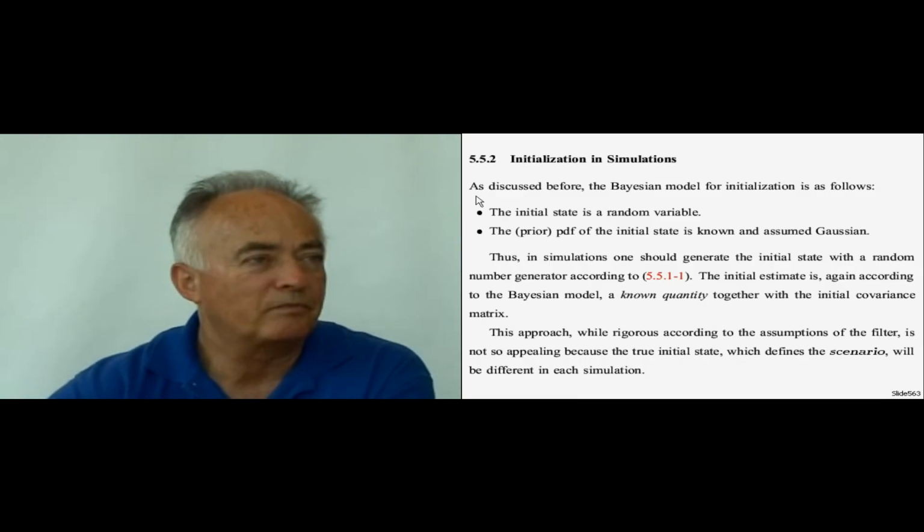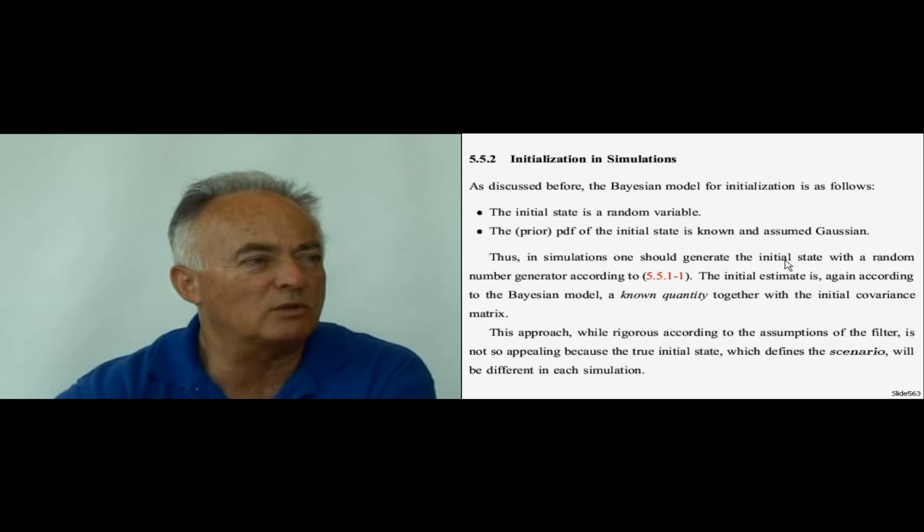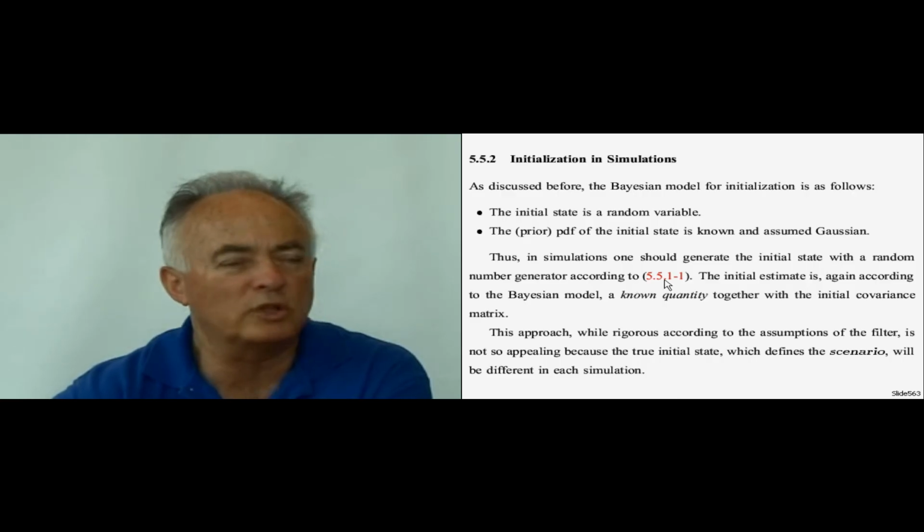Let's look at it. The Bayesian model for initialization is that the initial state is a random variable, and you have a prior PDF of the initial state known and assumed Gaussian. So, what should we do? In simulations, we should generate the initial state with a random number generator according to the distribution about the known initial estimate and covariance.